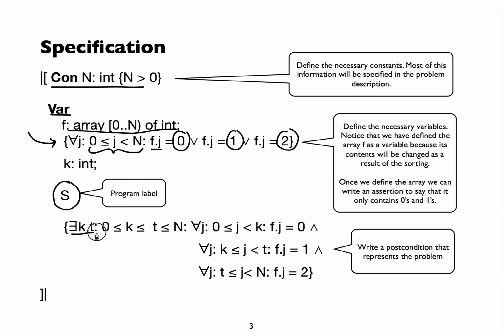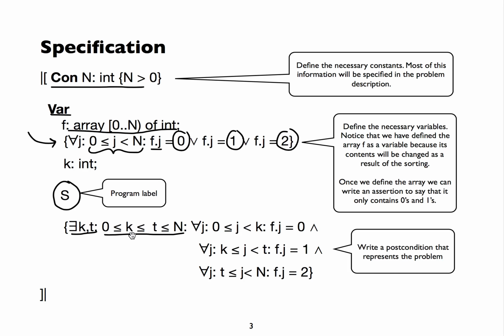So here we define k and t, and we give k and t a range. k is greater than or equal to 0, and t is greater than or equal to k. So t can't be less than k, but t is less than or equal to n. So we're defining an order here of between 0 and n.